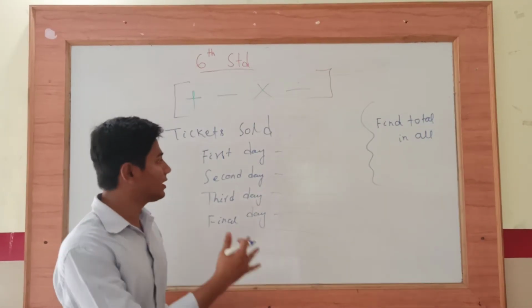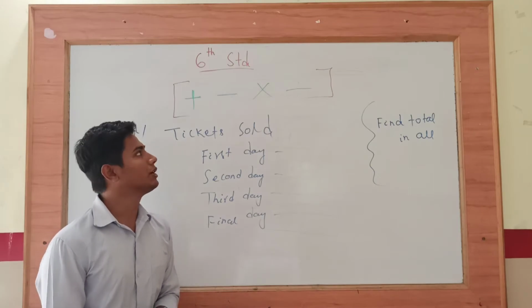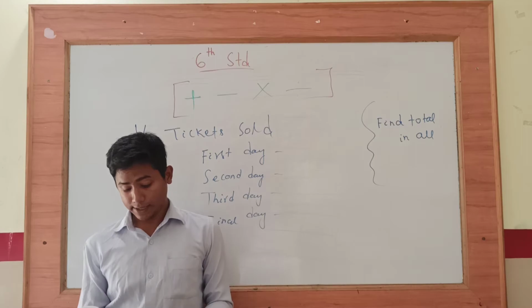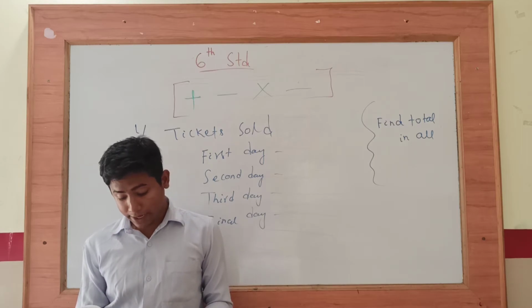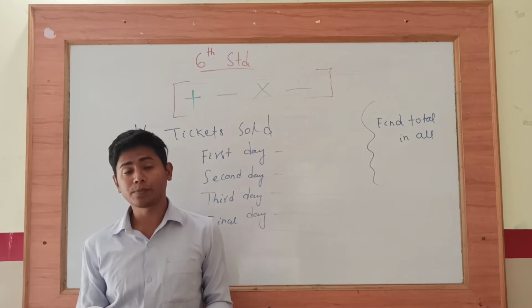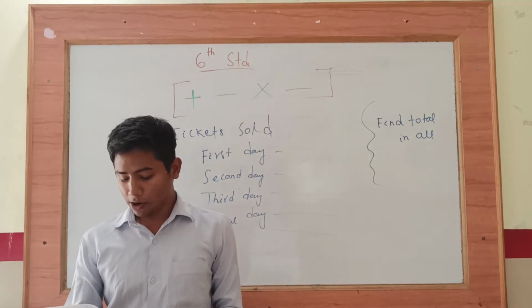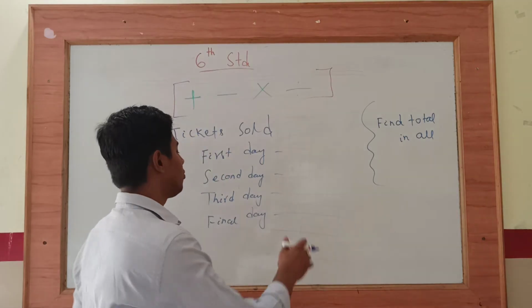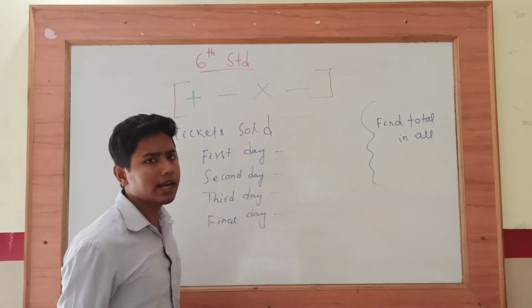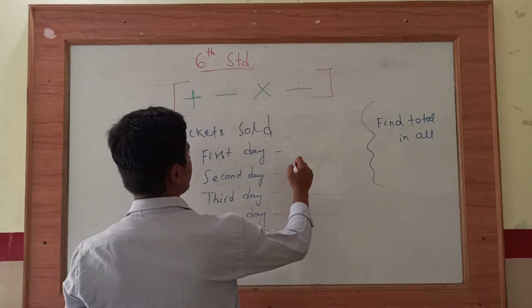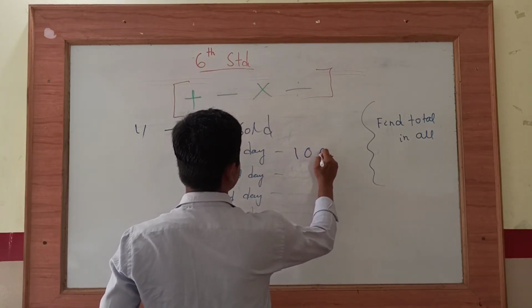Before that, first you tell me what you do here. Think again. Read the question if you don't understand. Find the total number of tickets sold on all the 4 days. Now, on the first day, how many tickets were sold? 1094.